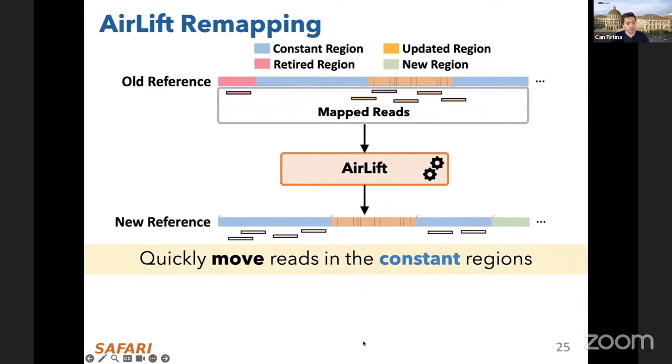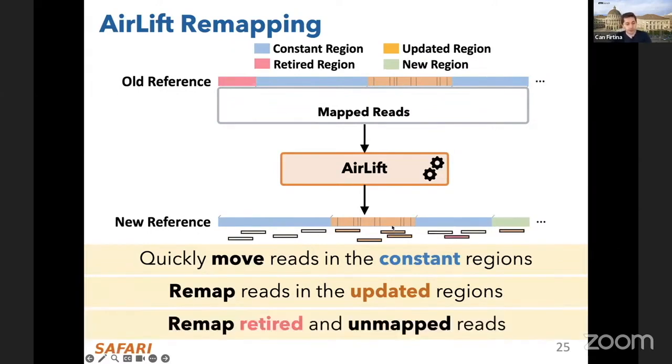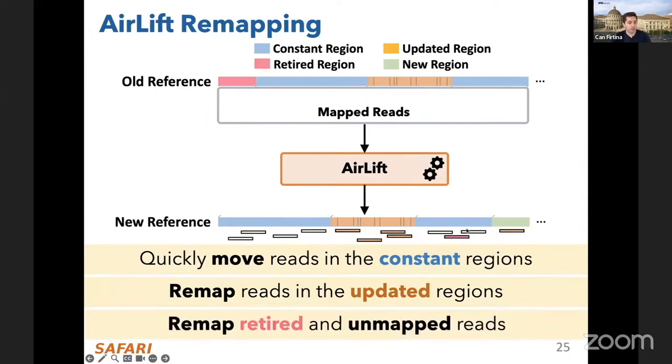And what we then do is that we remap the reads in the updated regions. So those reads could be again mapped to the same or similar regions, or they could be mapped to the new region, or they could be mapped to the updated region but some other position in the updated region. And then last, we remap the reads in the retyped region to the new reference genome, so that we give them a second chance to be remapped in the new reference genome.